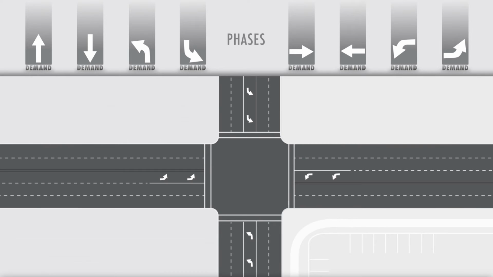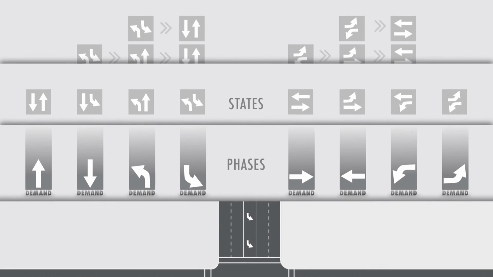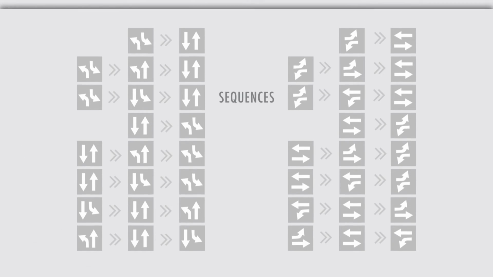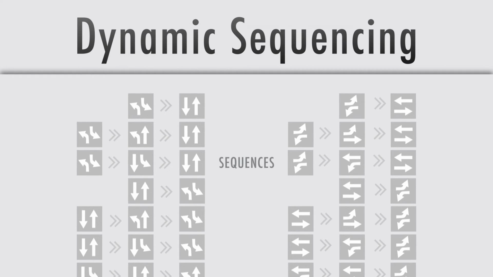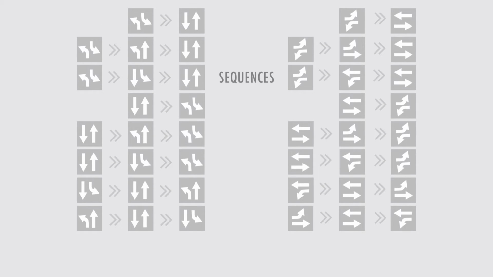These phases are organized into non-conflicting phase pairs, which we call states. States are organized into sequences. Dynamic sequencing is the method InSync uses to determine how to serve each intersection. Inside the InSync software, the traffic professional can choose allowable sequences.